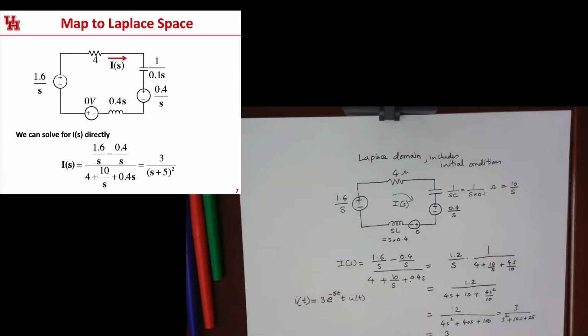All right, so we can calculate the inverse Laplace transform, and we can calculate the current through this circuit quite easily. So our next step is we're going to take a look at another example, and continue along this path.